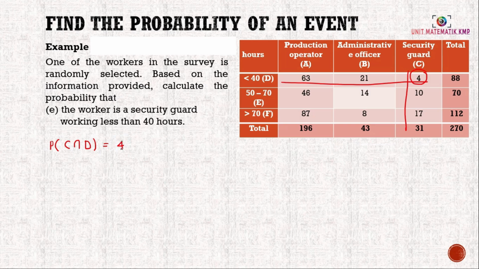So kita akan dapat 4 per 270. So simplify, we akan dapat 2 per 135. So this is the probability.